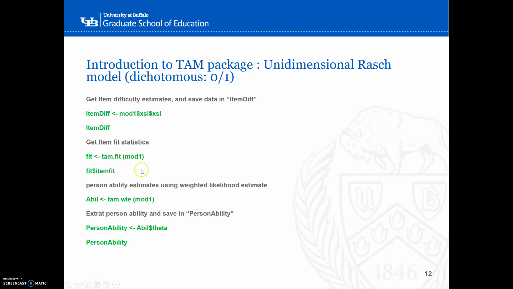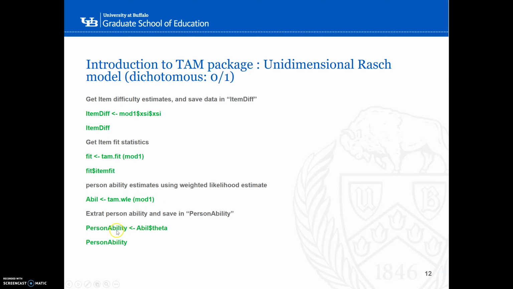For the second one, we want to look at the model data fit statistics. So we call the function tam.fit, and then we extract item fit. So we will have all the statistics for model data fit. And then we calculate person abilities. We use the function tam.wle and save all the results in abil.